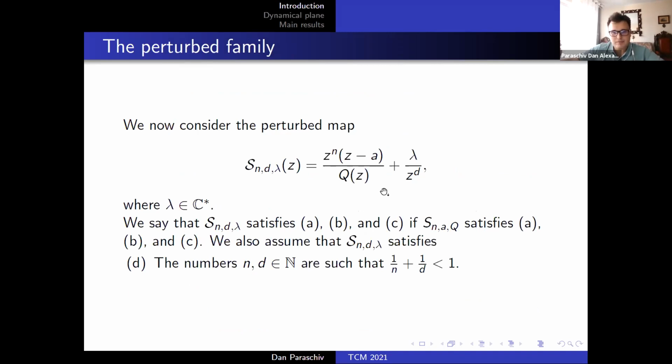Then we add the perturbation to our map. We obtain the map S n d lambda equal to z to the power of n multiplied by z minus a over q plus lambda over z to the power of d. We assume that the initial family satisfies the previous conditions, and we also need to assume that our map satisfies the condition 1 over n plus 1 over d is smaller than 1.